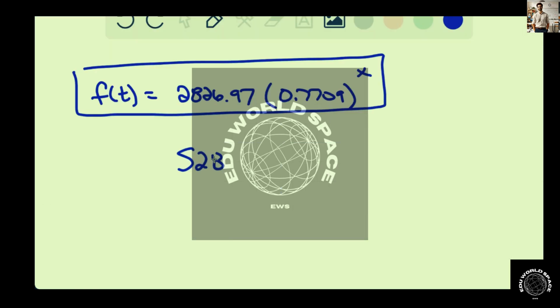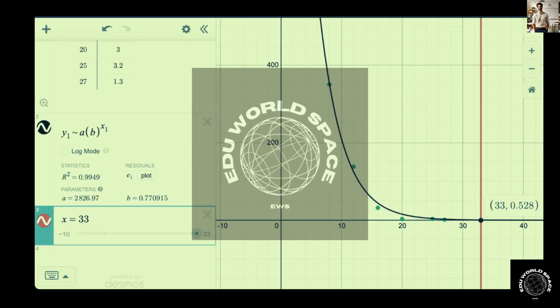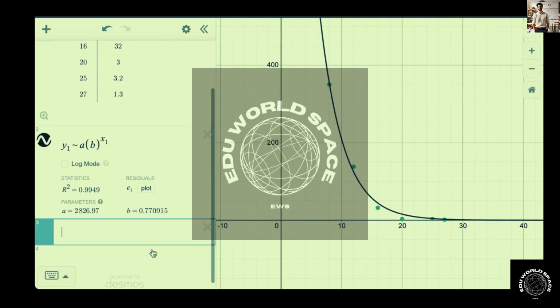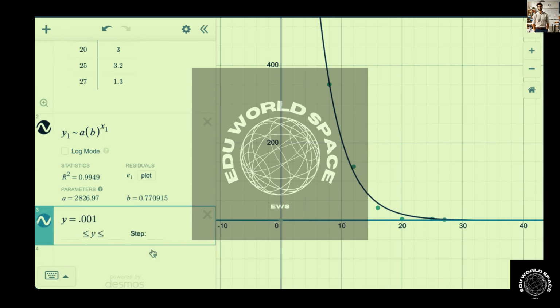Predict in which year there will be 1 case. Well, that would actually be y equals 0.001. Again, because this is in thousands, that would represent 1.